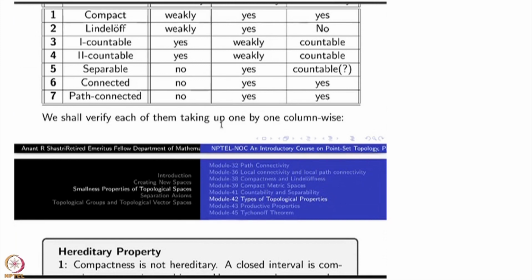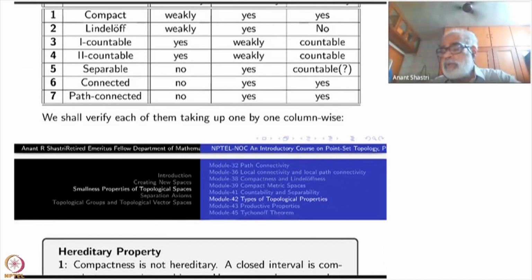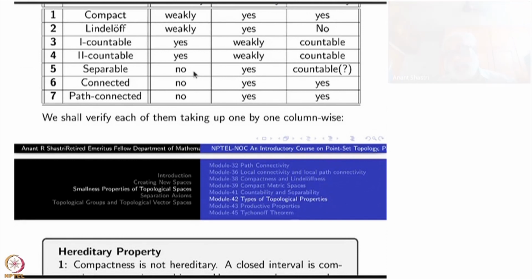Remember, separability is what? There is a countable dense subset. When you go to a subspace, this dense set may go away. That may not be in the subspace, right? But that doesn't mean that there is no other countable dense subset. So how do you give an example of a space such that the subspace is not separable?